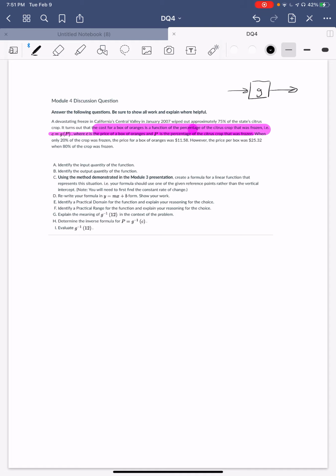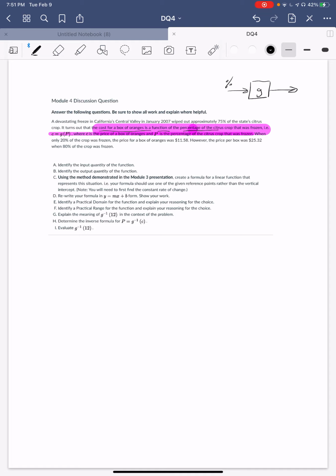I'm going to read this. It says the cost for a box of oranges is a function of the percentage. In other words, the cost of the box of oranges is dependent on the percentage of the crop that was frozen.